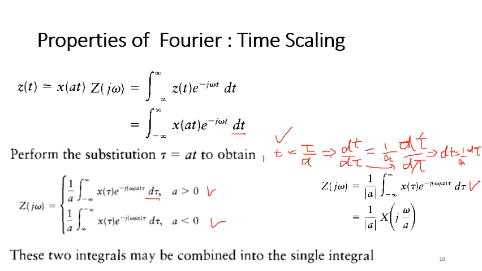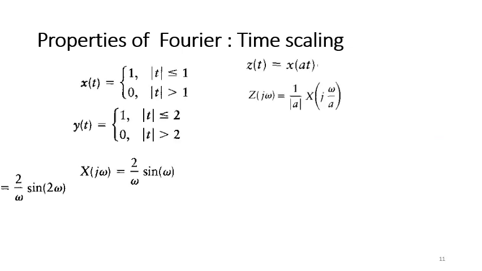Because this is the Fourier transform of x at omega by a, we write 1 over absolute a, X of j omega by a. That's the resulting expression, right? You can observe easily that when you time scale the input signal, in the frequency domain not only does it scale the frequency, but it also scales the amplitude by a factor of 1 by absolute a, right? So let's have a numerical example on this.